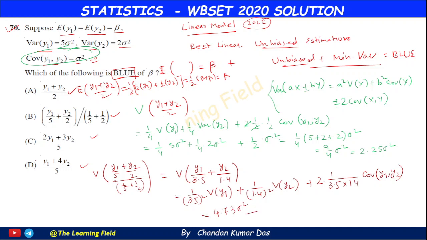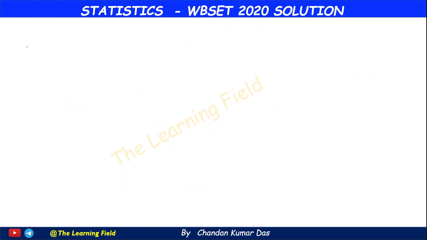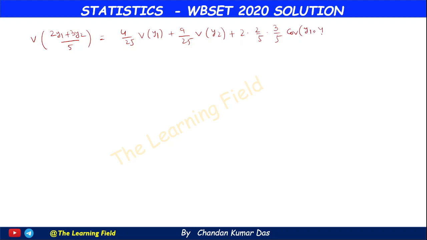Okay, now we calculate the variance of options C and D. So variance of (2y1 plus 3y2) by 5 is equal to 4 by 25 variance of y1 plus 9 by 25 variance of y2 plus 2 into 2 by 5 into 3 by 5 covariance of y1 and y2.